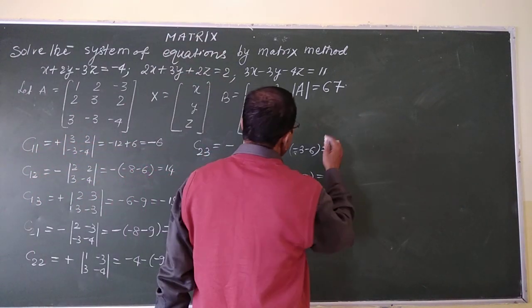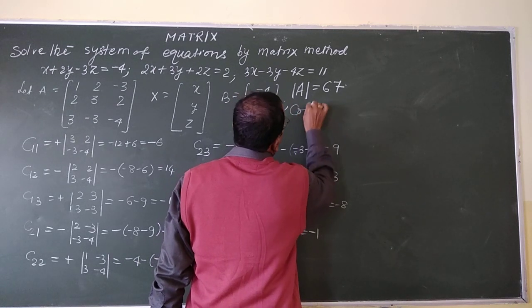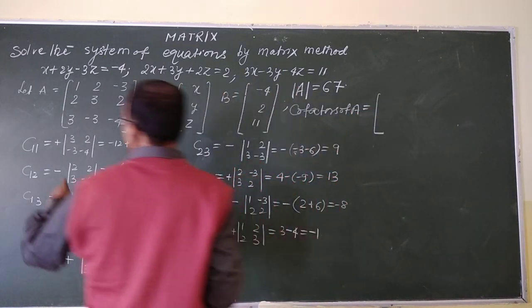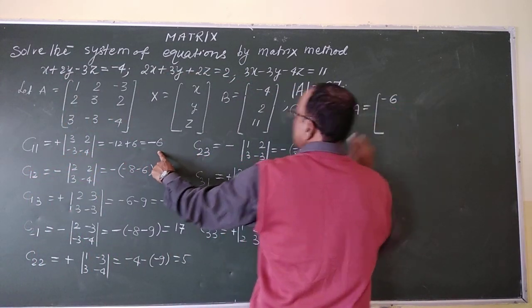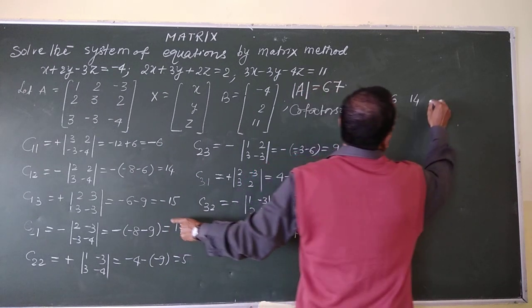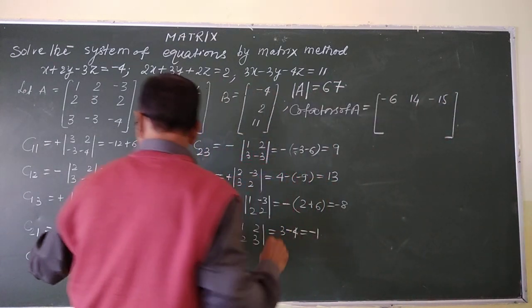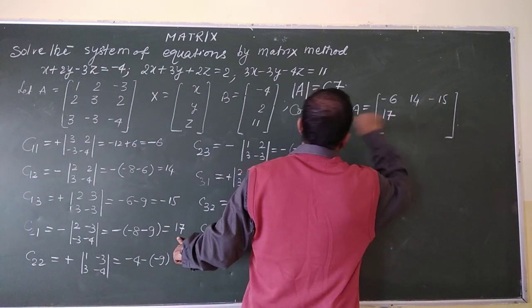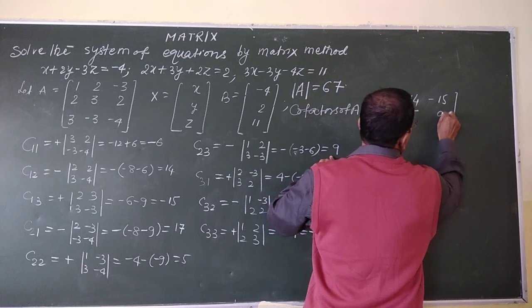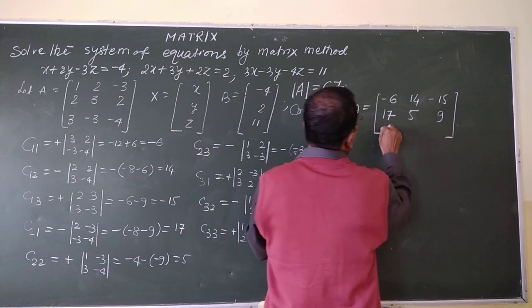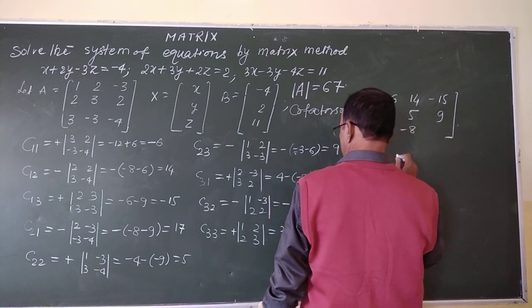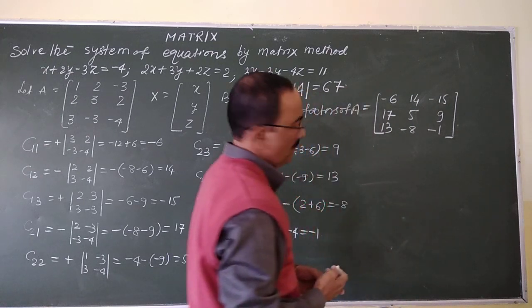Therefore, we are going to write the cofactors of A. Cofactors of A is equal to minus 6, 14, minus 15, 17, 5, 9, 13, here minus 8 and minus 1.